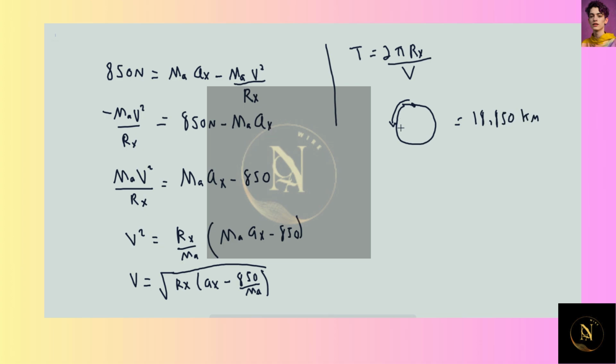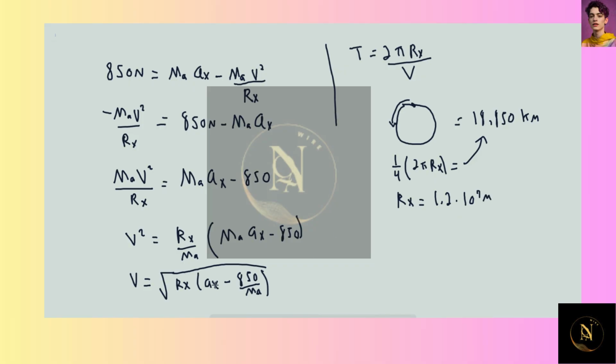So this looks like it's just a fourth of a circumference around the planet. So one fourth of the circumference, 2 pi r_x, equals 18,850. And so then we can solve for r_x as 1.2 times 10 to the 7th meters. So there's our r_x in the equation.